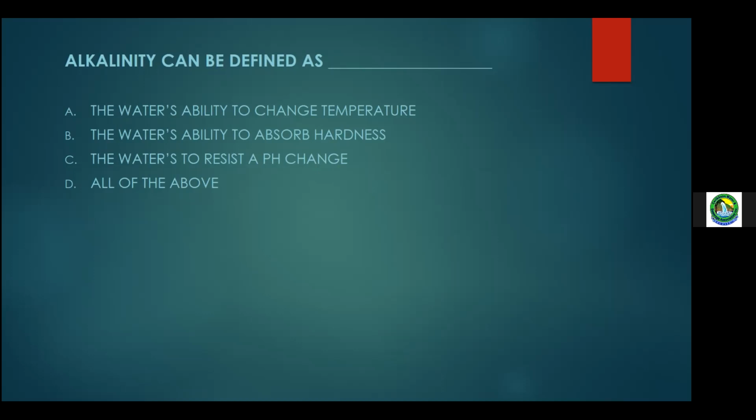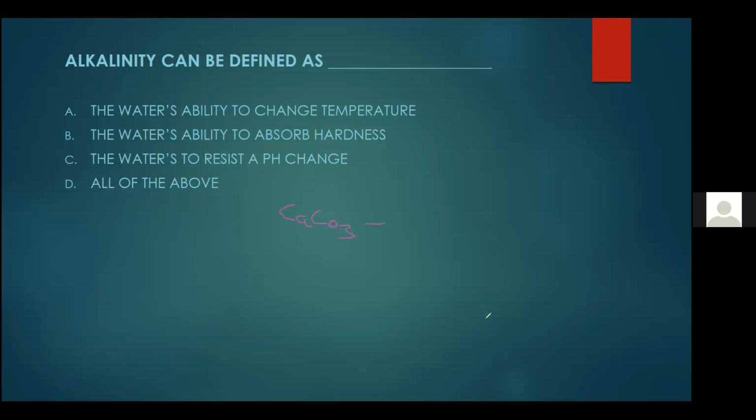Okay, so here, the answer is C. It's resist the pH change. Here's why. What alkalinity is, and this is probably going to be on the test too, is something called CaCO3.